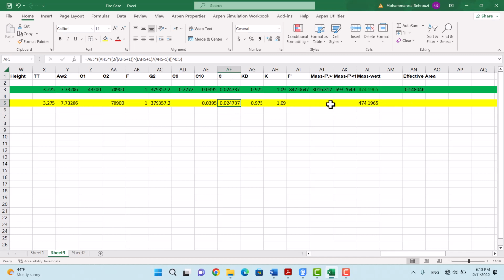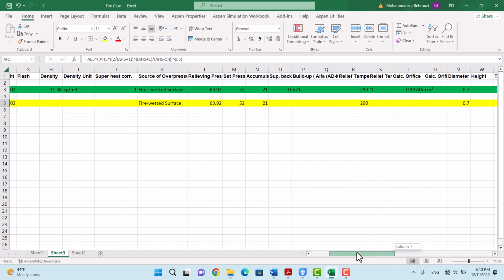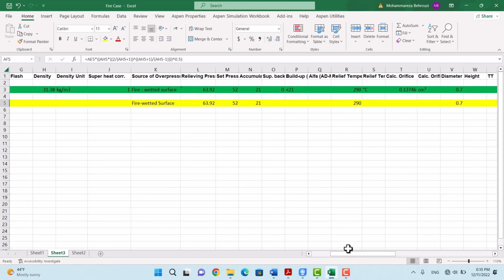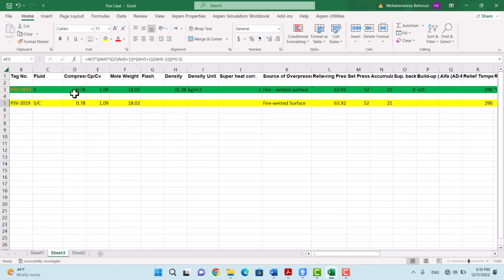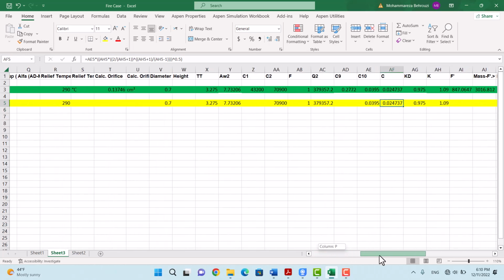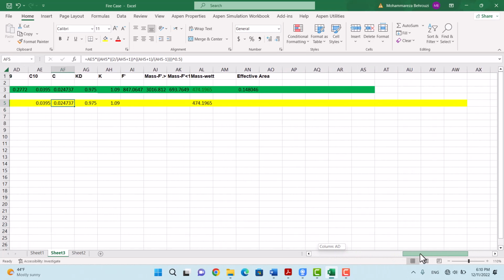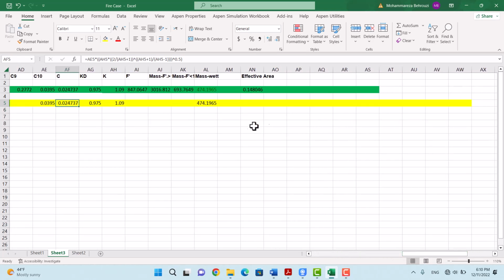And now I have the C here, I have the Kd here, I have, let's say, the mass flow, the relief load here, then I have the temperature here. I have the molecular weight and the compressibility factor. All things are set. Therefore, I can use the equation provided in API and calculate the effective area.